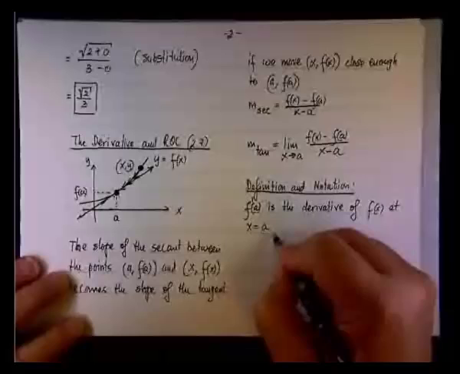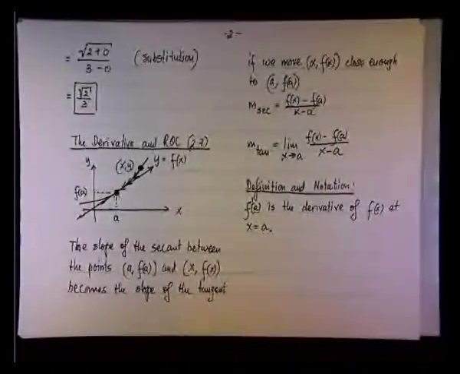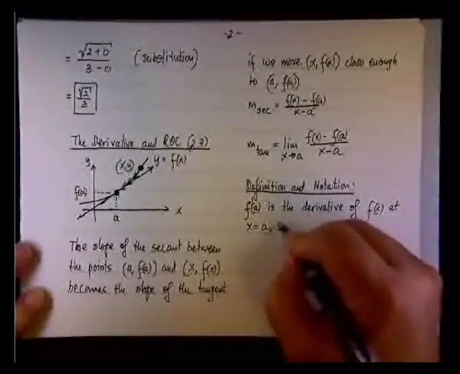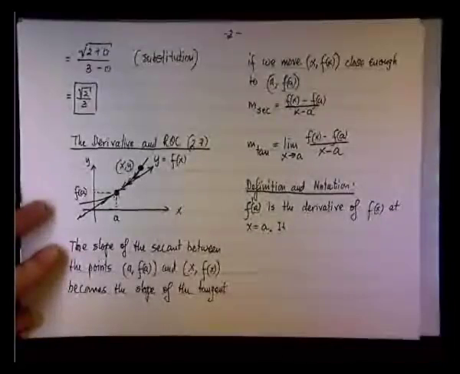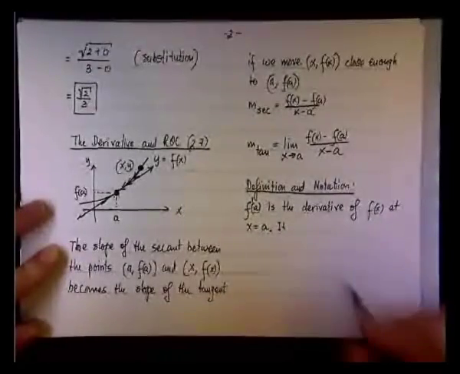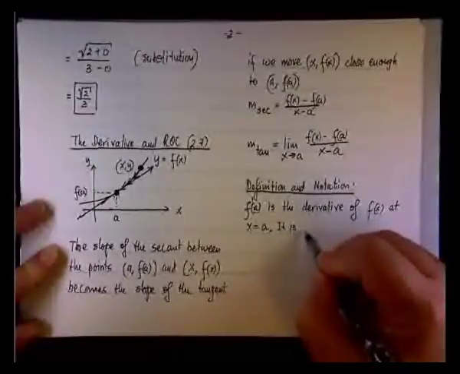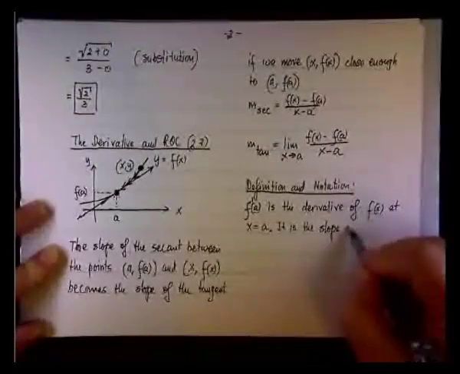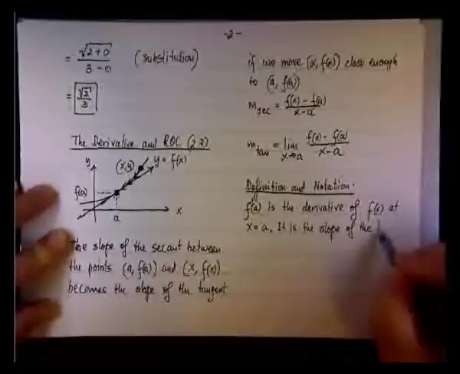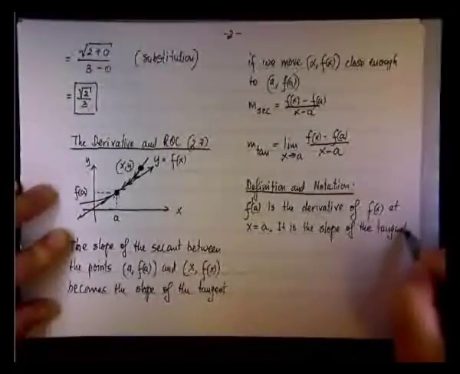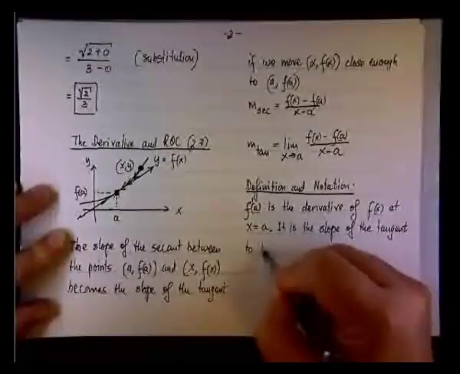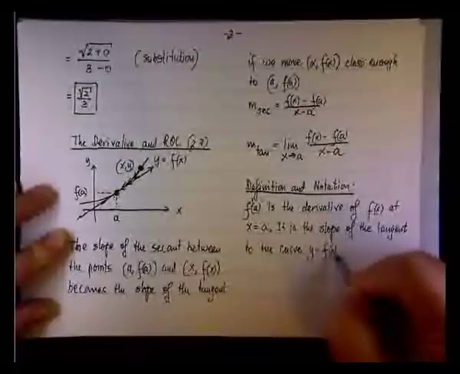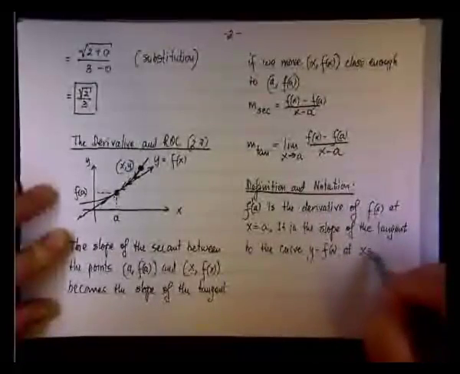Okay? In terms of the graph, or what we saw here, it is the slope of the tangent to the curve y equal f of x at x equal a.